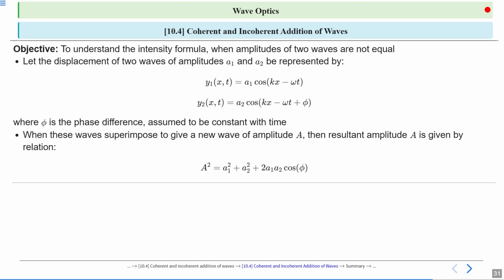Here A1 is the amplitude of the first wave, A2 is the amplitude of the second wave, and phi is the phase difference between the two waves.